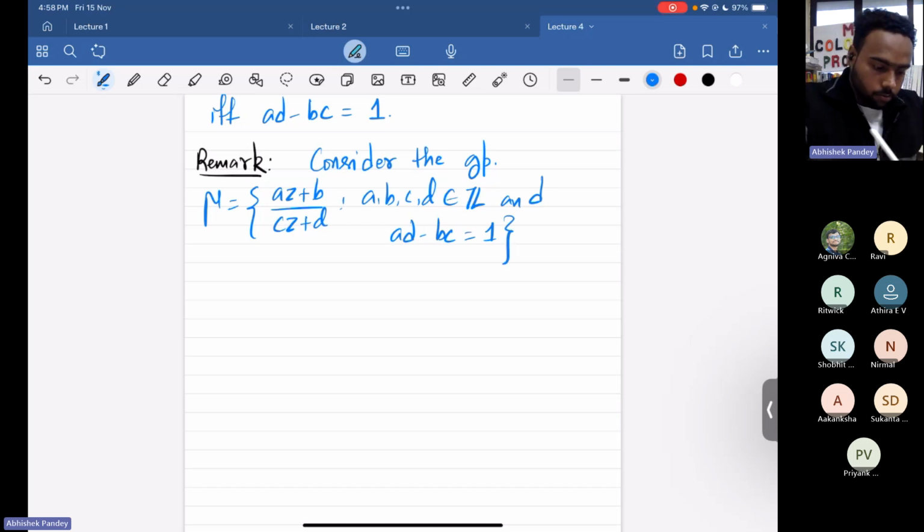Can you recall this group? What is this group exactly? This is a subgroup of something else which is well known. SL2 or something.